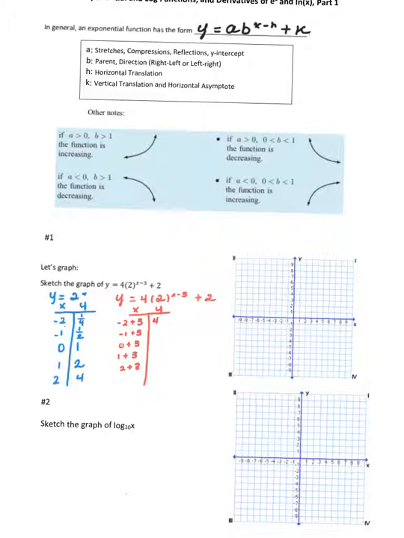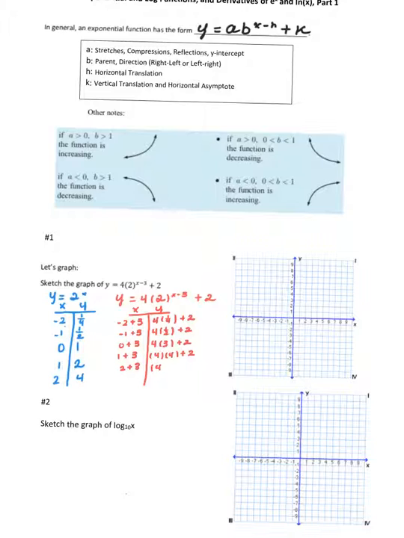So you're going to take 4 times 1/4 and then add 2. You're going to take 4 times 1/2 and then add 2. You're going to take 4 times 1 and then add 2, 4 times 2 and then add 2, and then 4 times 4 plus 2.